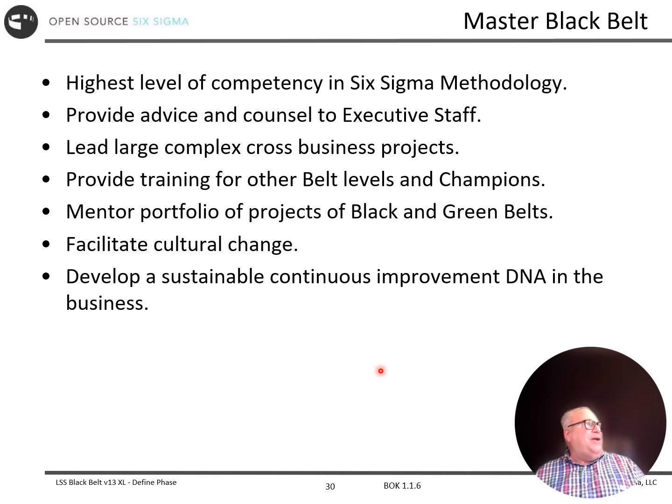Obviously, the more projects you work, the more experience, the more pitfalls you've seen, and they're going to work to get the deployment started. I don't know how it will be at your particular company, but these can be hired from the outside. Sometimes, I did consulting for 20 years where I came in as the temporary master for that company, developed the black belts, developed the masters of the future, and then faded away, and the new masters continued to lead that.